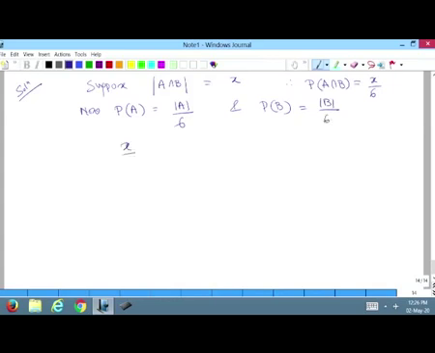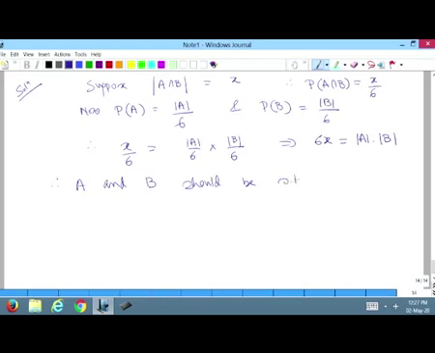Therefore, x/6 is equal to cardinality of A by 6 into cardinality of B by 6, which implies 6x is equal to cardinality of A into cardinality of B. Therefore, A and B should be such that cardinality of A into cardinality of B is a multiple of 6.